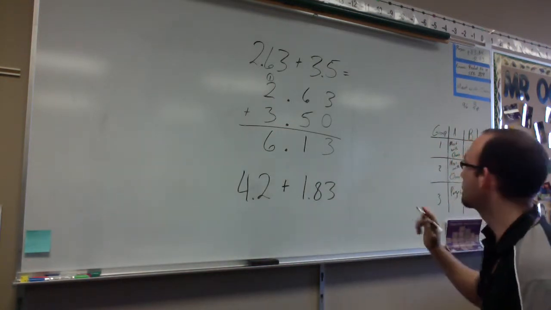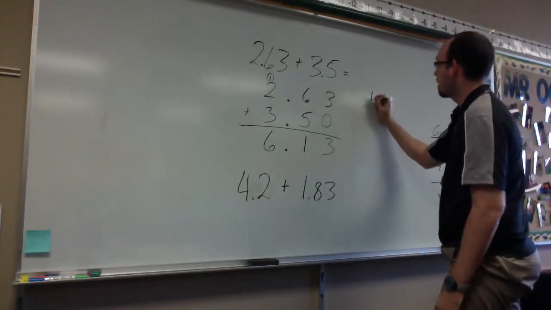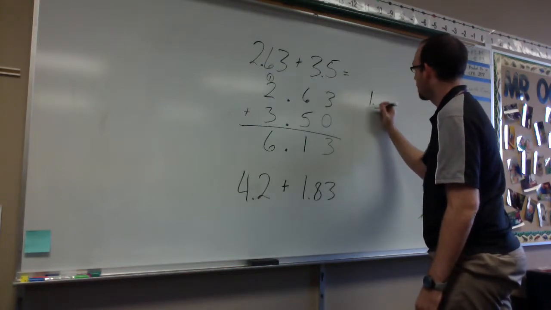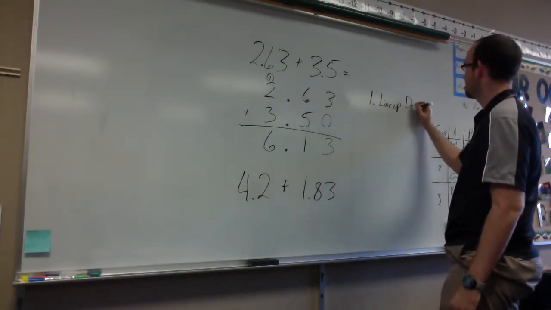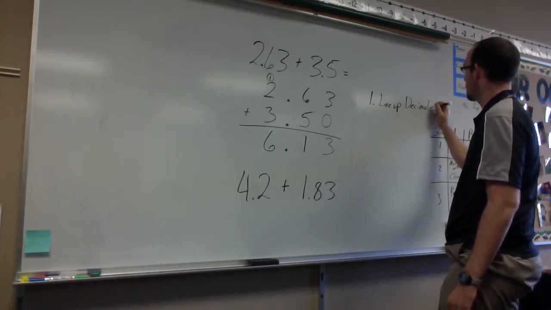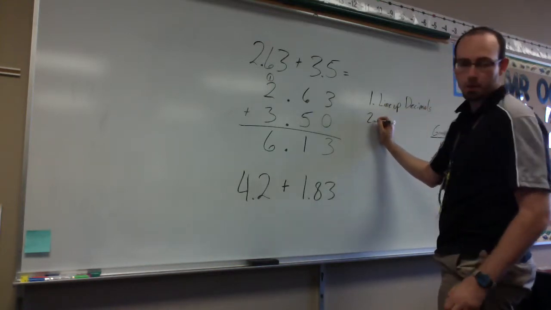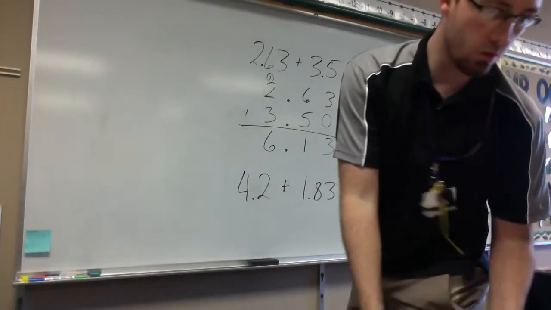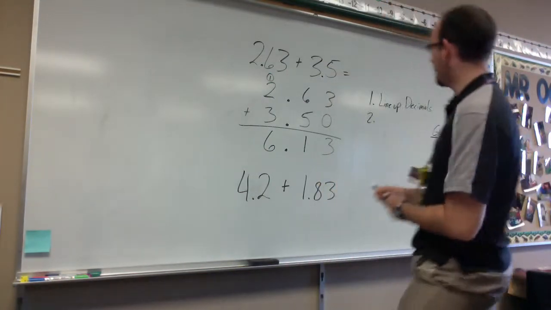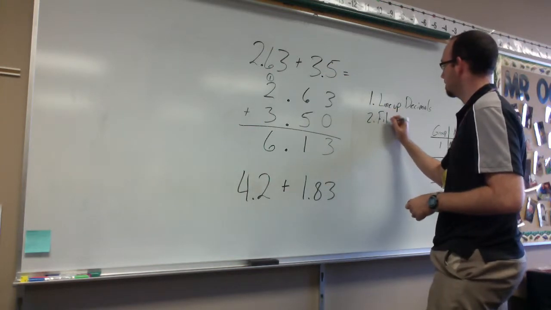I'm going to write our steps right over here. Step number 1 was line up the decimals. You may want to write those down as well. Step number 2 was going to be fill in the empty spots.